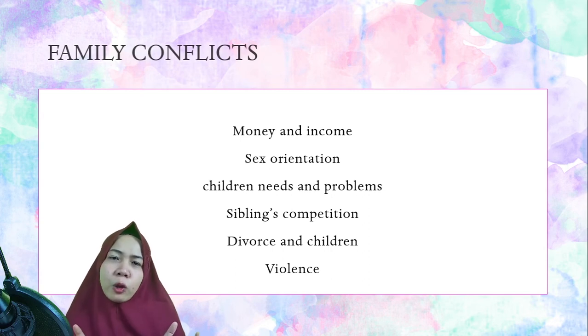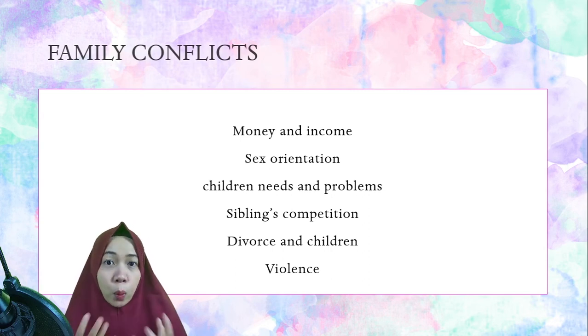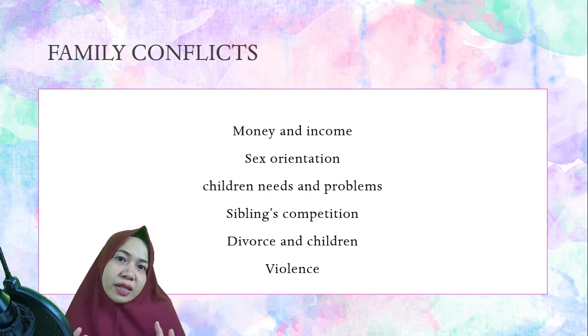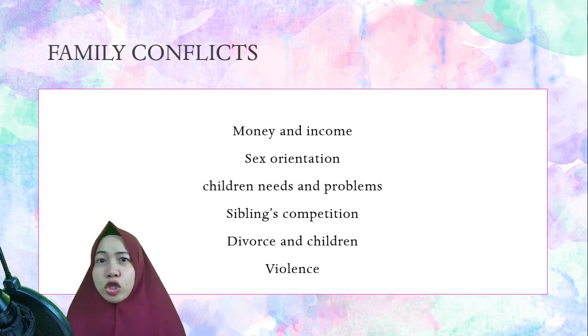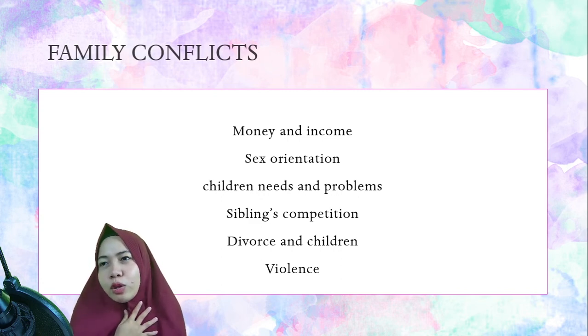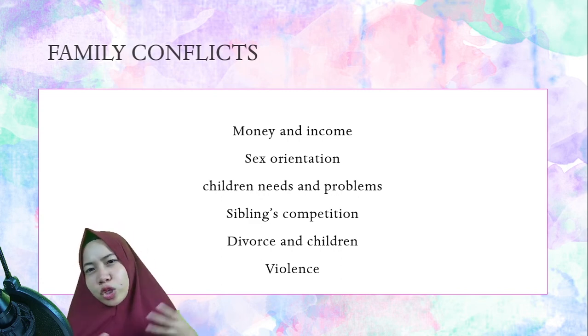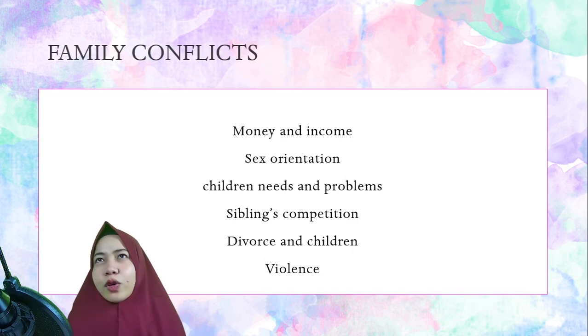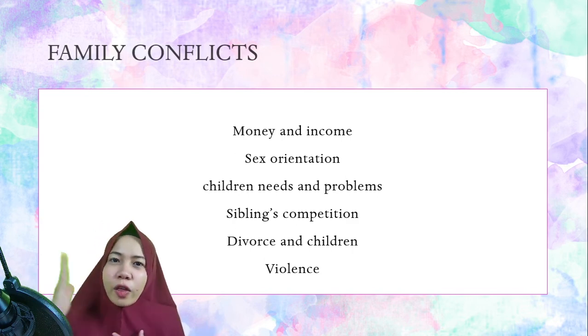You found that your child is a bully, or sibling competition. You have a twin, for example, and you don't like to be compared with your twin, or you don't want to be compared with your brother or sisters. It can be anything.